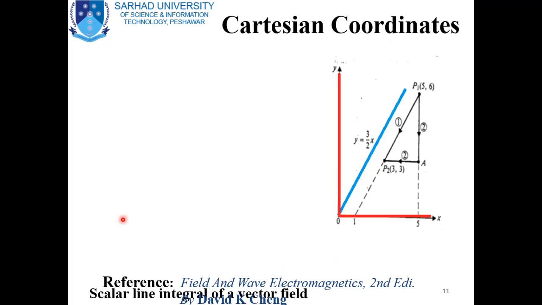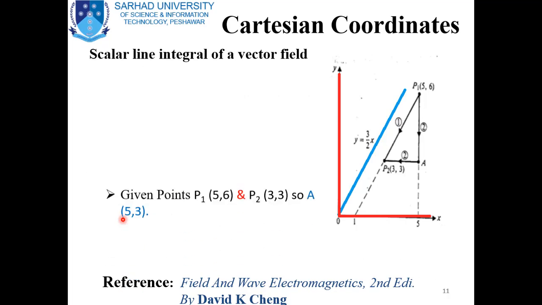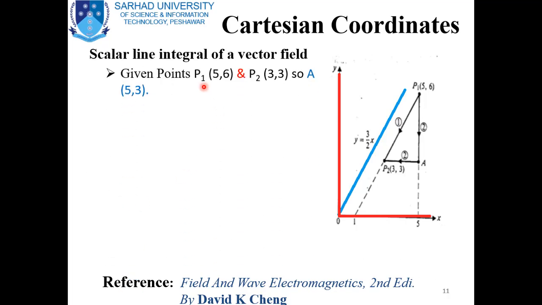The other data shown in the figure are the points: P1 is 5 and 6, in which the value of x is 5, the value of y is 6. Similarly P2, and we can obtain the coordinates of point A, which is 5 and 3.